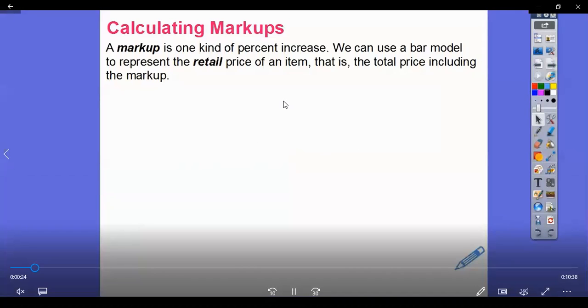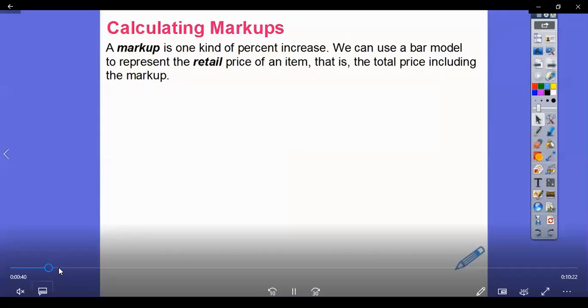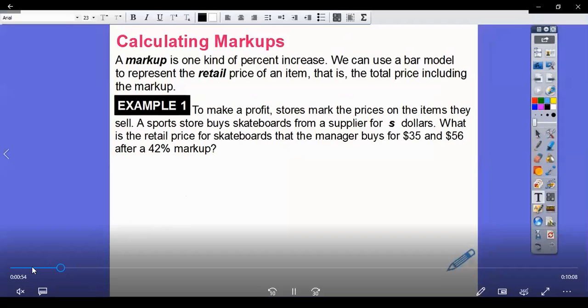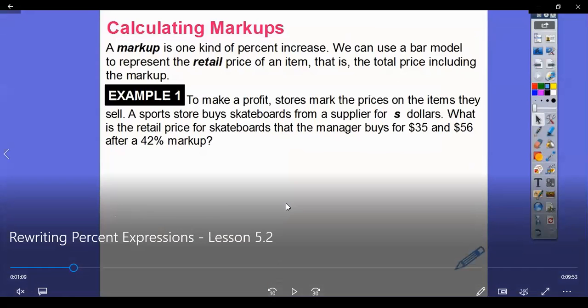Ward, you are raising your hand. You want to add something? No, I forgot to lower it. Okay, then we are going now to talk about a bar model. So what's a bar model? I'm going to give you an example.